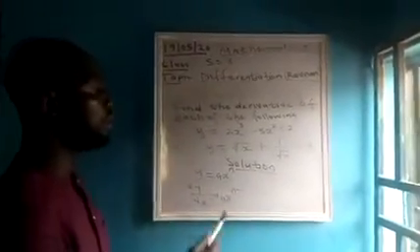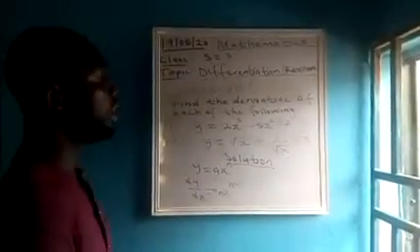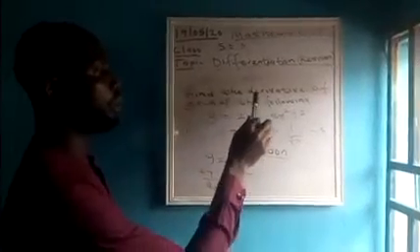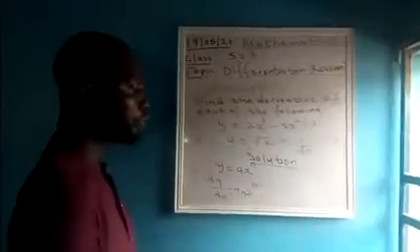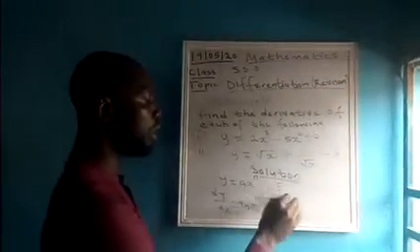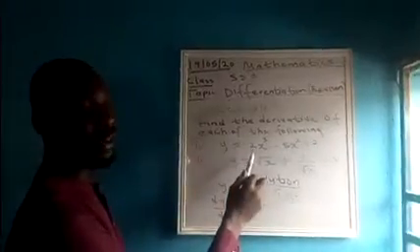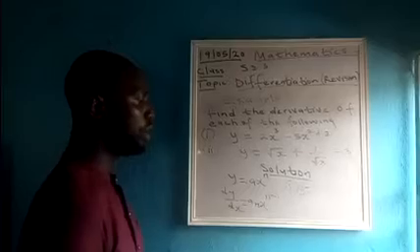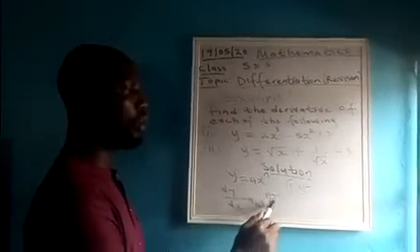And what do you observe? From example 1, we want to find the derivative of y equals 2x raised to the power 3 minus 5x raised to the power 2 plus 2. When we apply the formula, if y is equal to ax raised to the power n, dy over dx is equal to anx raised to the power n minus 1.